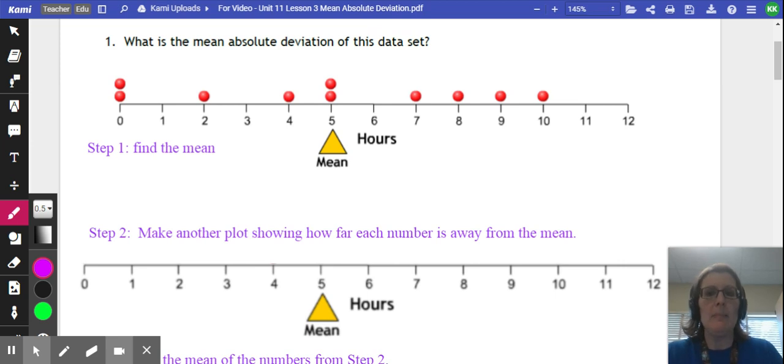To find the mean absolute deviation, the first thing you have to do is find the mean. And as we learned earlier this week, mean is the same thing as the average.